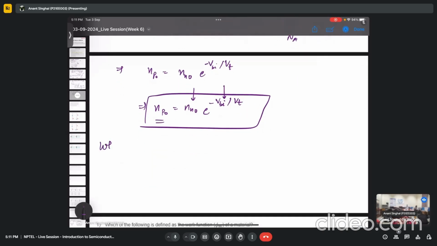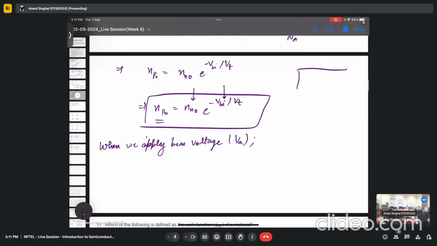But when we apply a bias voltage, as we discussed, let's say a certain positive bias Va, we don't have a thermal equilibrium anymore, and the majority carriers start crossing the space charge region.